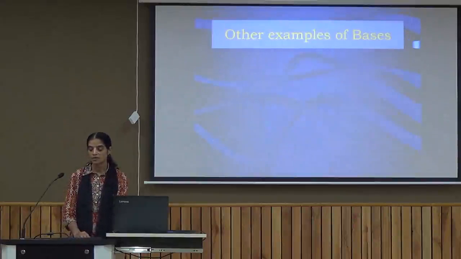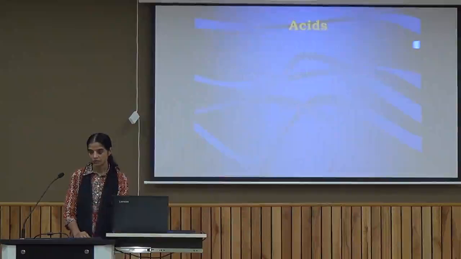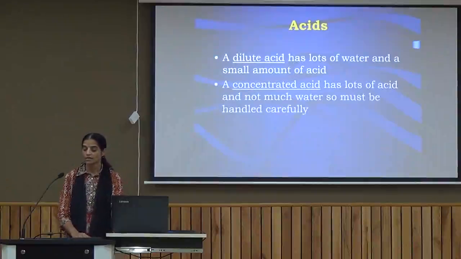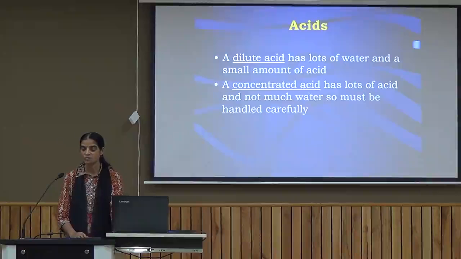Then we come across other examples of bases like sodium hydroxide, potassium hydroxide, etc. They are the bases which we come across in our daily lives. Then, distinction of acids on the basis of dilute and concentrated. Dilute acids are those which contain a large amount of water and a very small amount of acid.